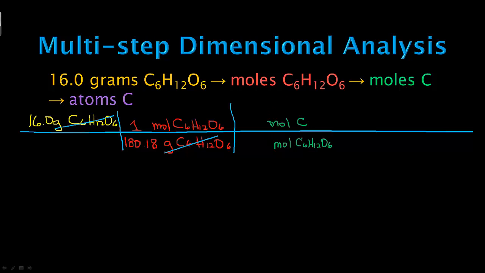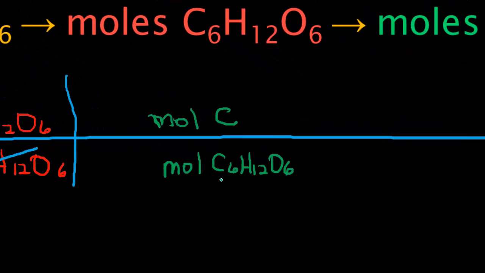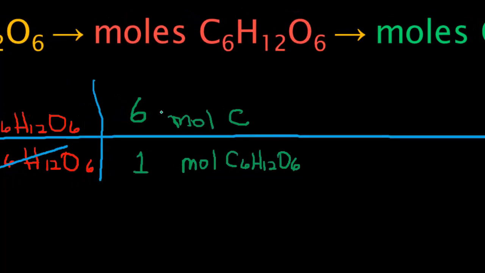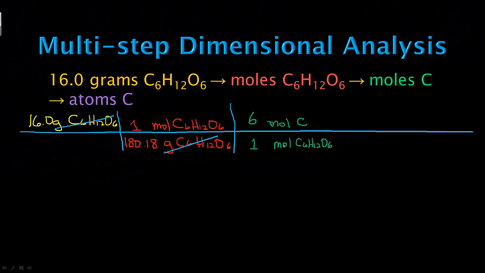Well, we can tell that by just the chemical formula. For every 1 mole of C6H12O6, we have 6 moles of carbon.